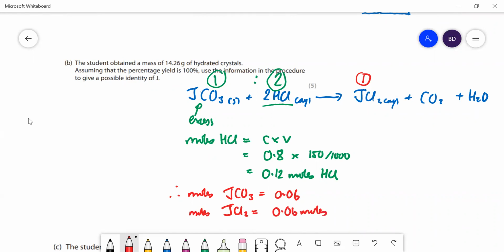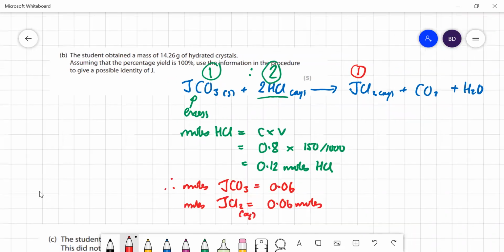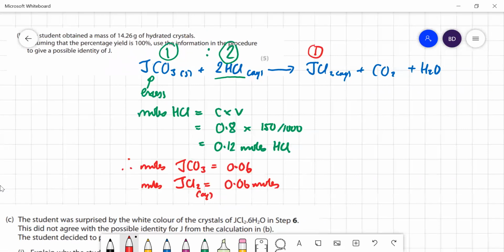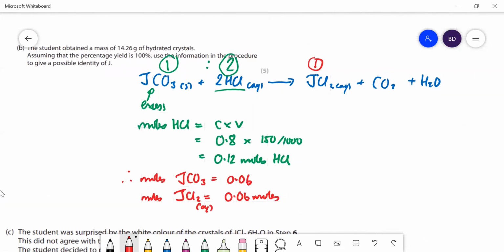Now that's the moles of the JCl2 in aqueous solution, and of course we're going to get the same moles of the hydrated solid. So I'm going to write down here moles of JCl2 dot 6H2O is equal to 0.06.